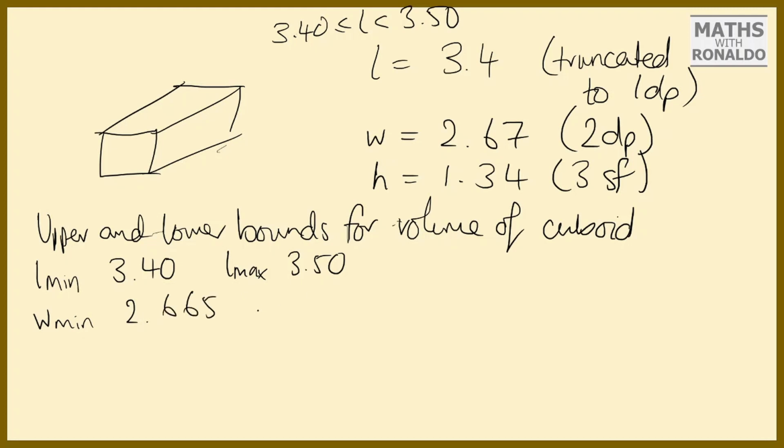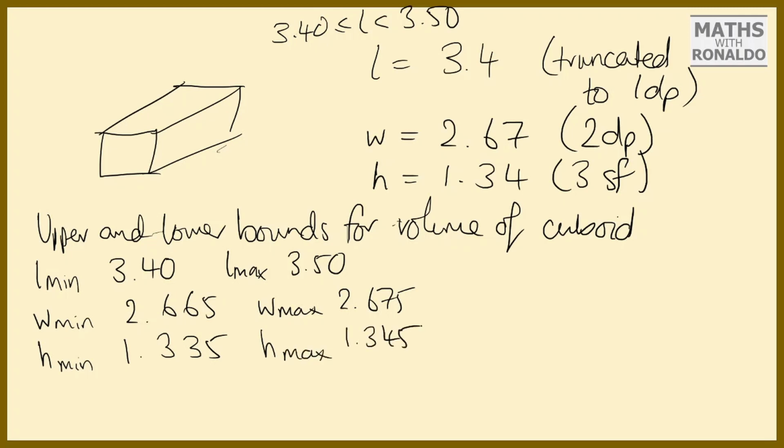We know that 3.50 couldn't have possibly been the value because 3.40 is less than or equal to length is less than 3.50. The minimum width is 2.665, and the maximum width is 2.675. The minimum height is 1.335 and the maximum height is 1.345. So now we can say that the minimum volume, V min, is equal to the minimum length times the minimum width times the minimum height, and you should write that down.